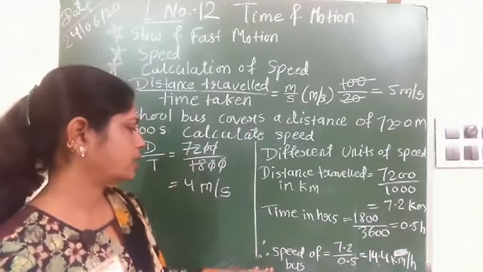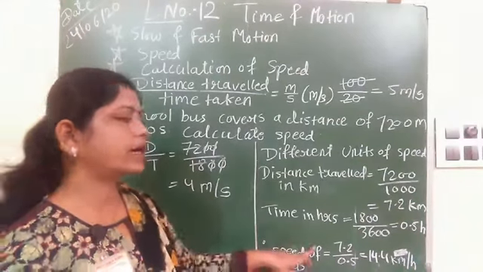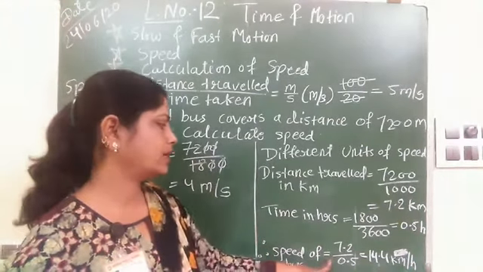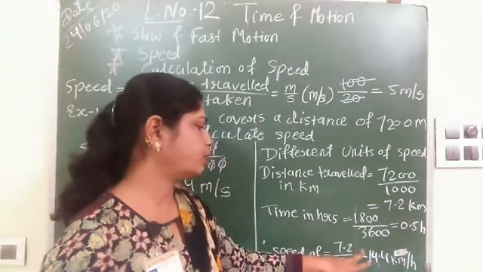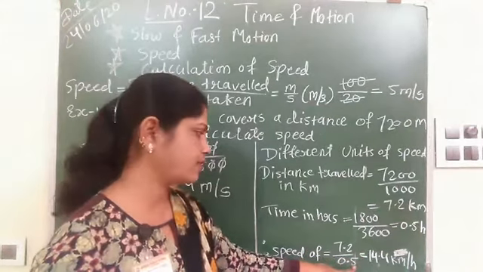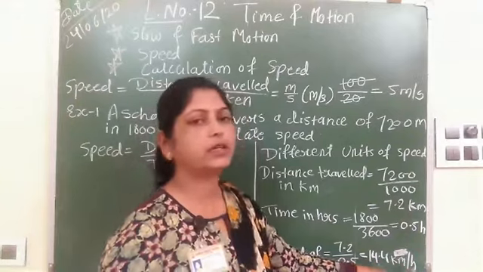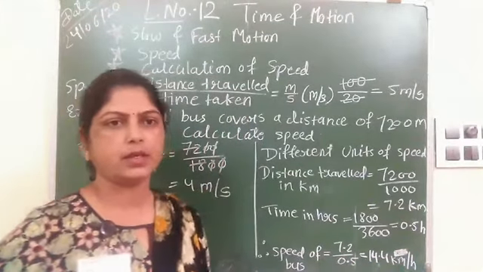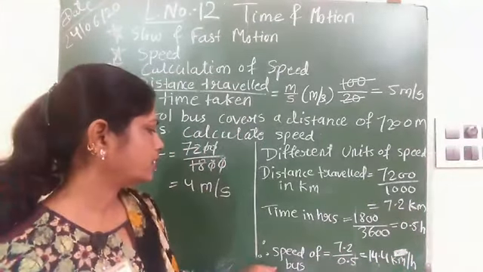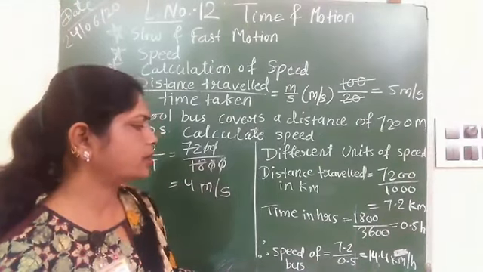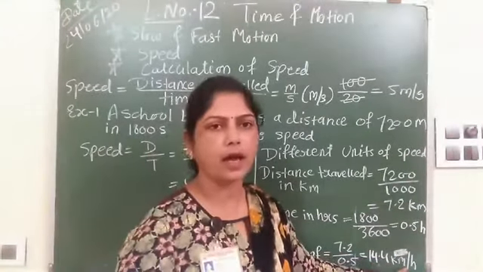Therefore the speed of the bus is equal to 7.2 divided by 0.5, it comes 14.4 kilometer per hour. So here we calculated the speed of the bus in kilometer per hour.